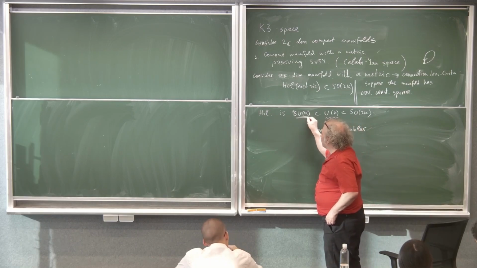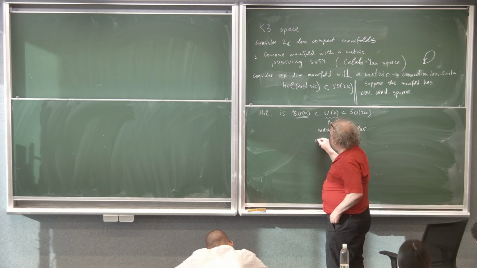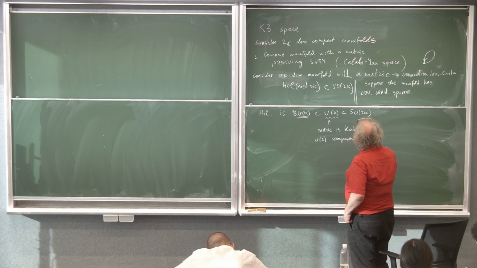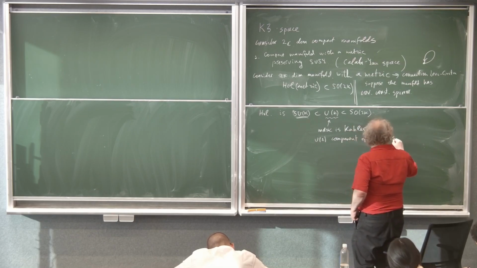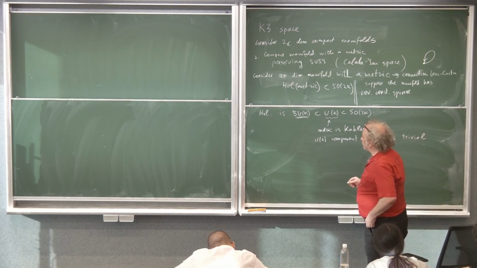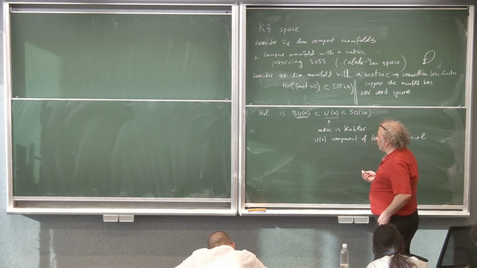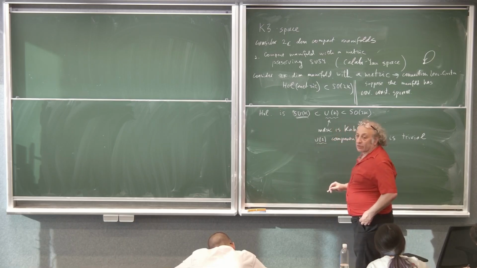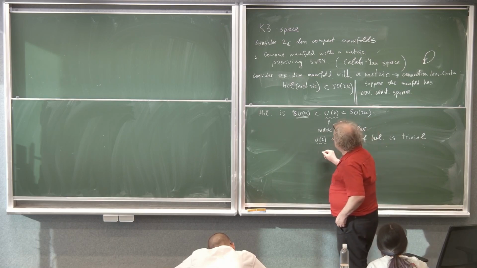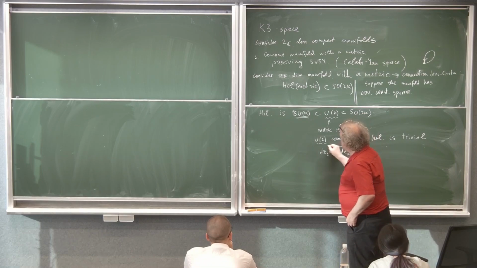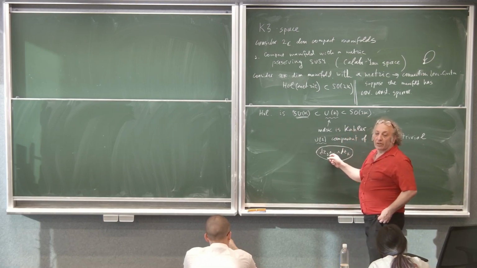If it is SU(k), it means that the U(1) component of holonomy is trivial. So what does it actually mean? What is the meaning of this U(1) holonomy? You take the holomorphic top forms, and you restrict your holonomy on the holomorphic top form.